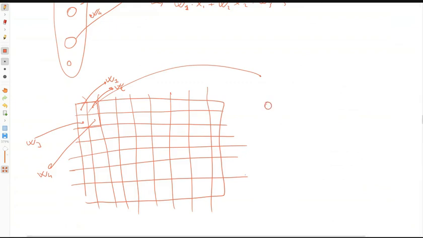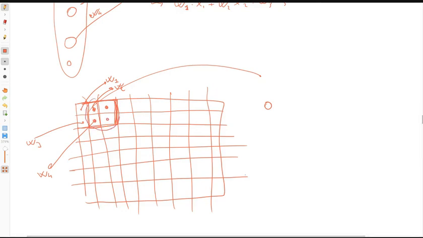Then I will slide this receptive field 1 pixel on the right. And now I have these 4 points. And I will use the same weights for this W1, for this W2, for this W3, for this W4.